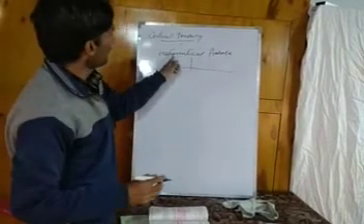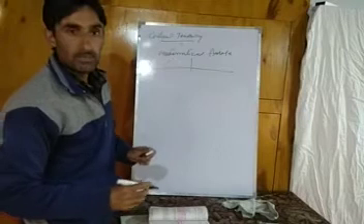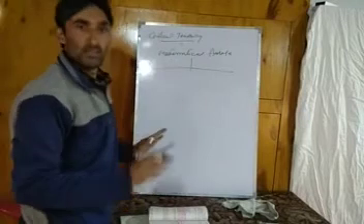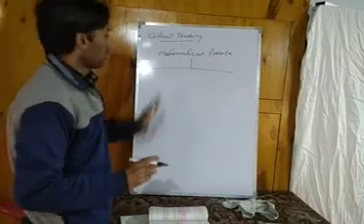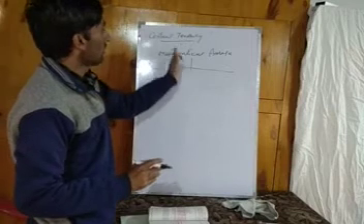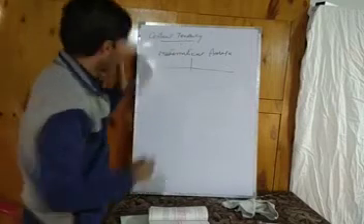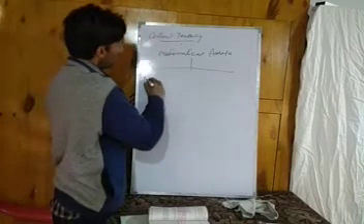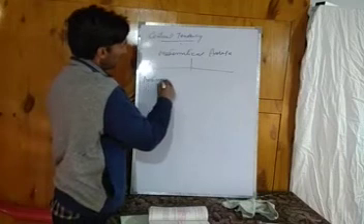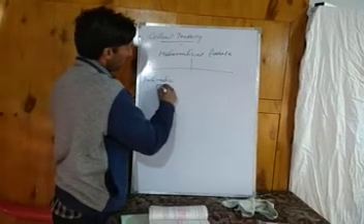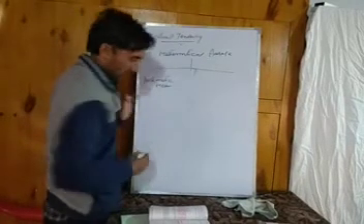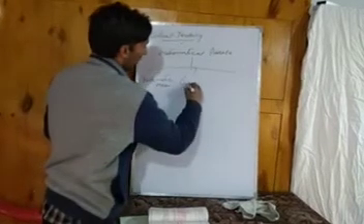While calculating this mathematical average or mathematical mean, we have three methods. One of them is arithmetic mean, and the next one is geometric mean.